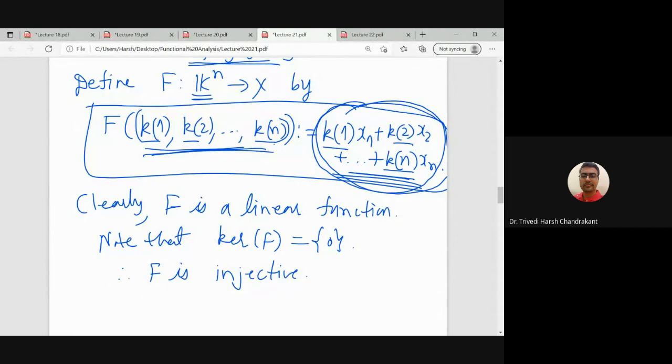So also f is onto. Clearly it is onto. So basically it is a bijective linear function from the complete normed space Kn to the normed space X, right?